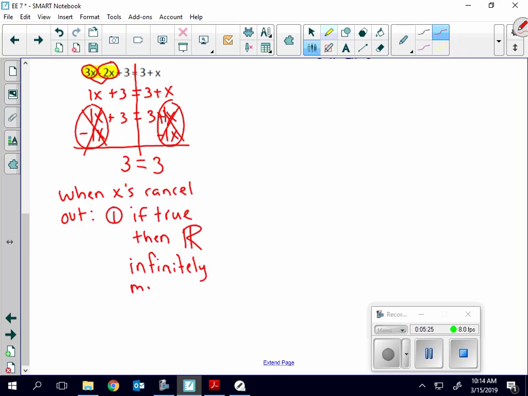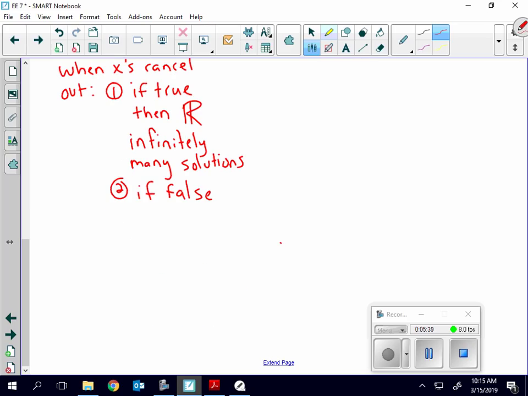And number 2, if false, then the other option, which is no solution.